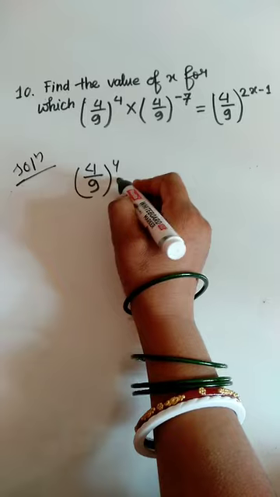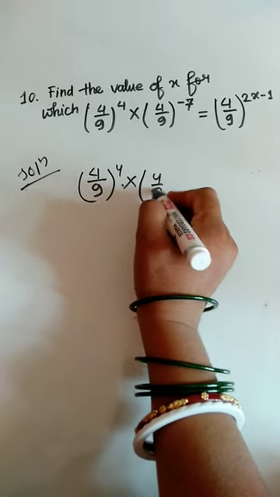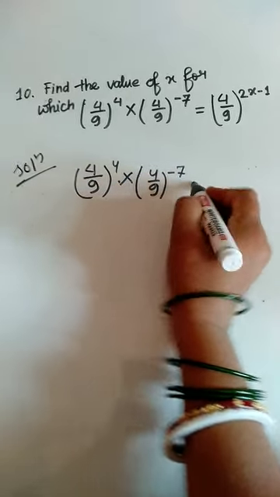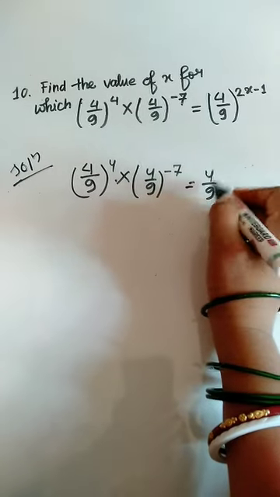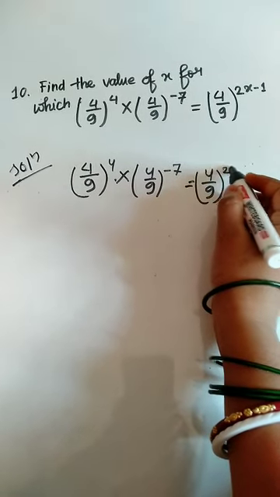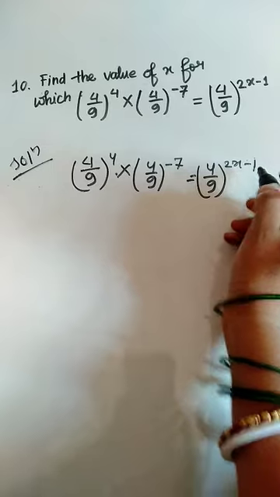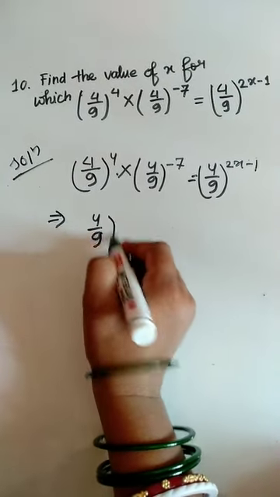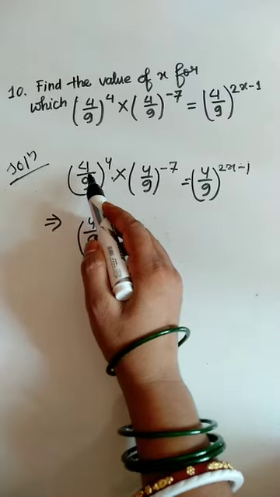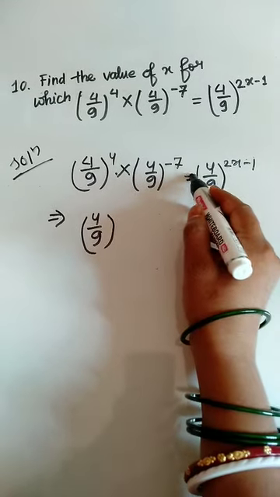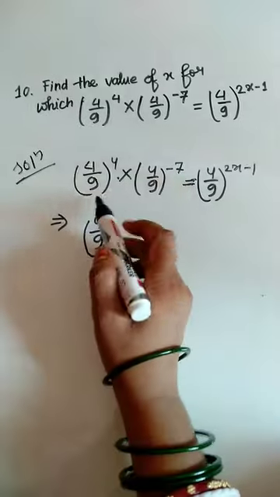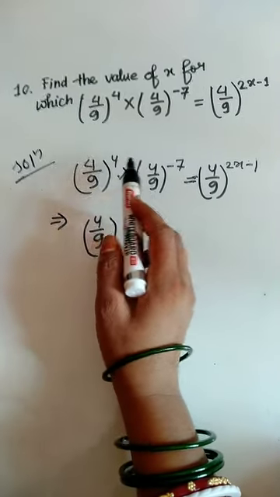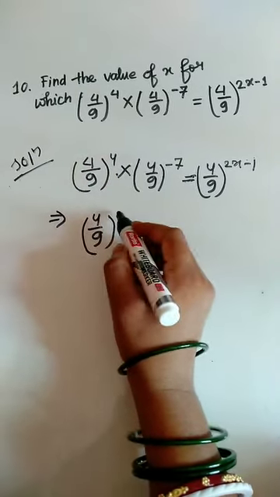(4/9)^4 × (4/9)^-7 = (4/9)^(2x-1). This implies, as all of you know, when the base is the same, that means 4/9 times 4/9, and the powers are different, then we have to add the powers.